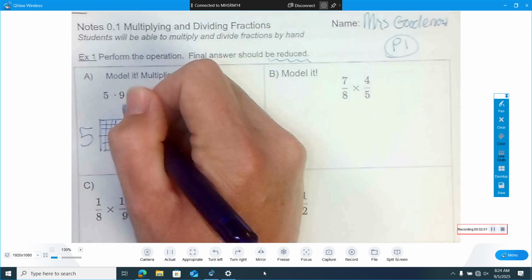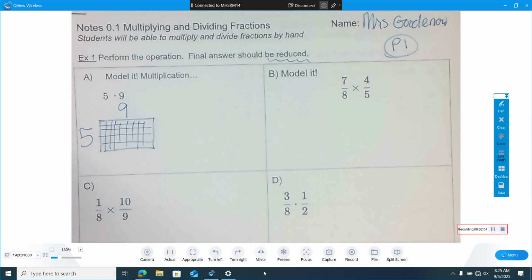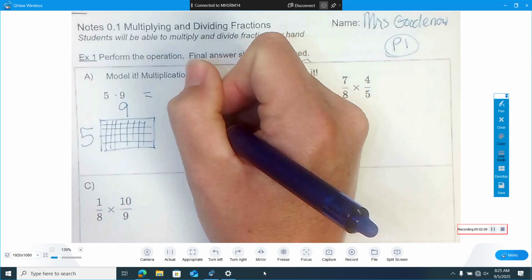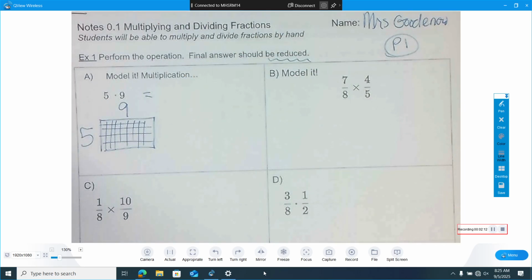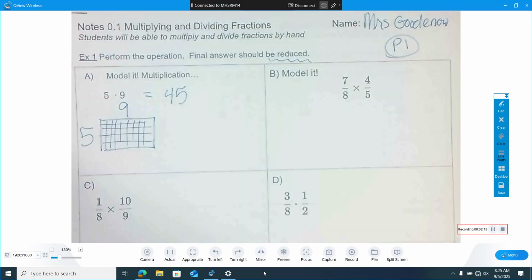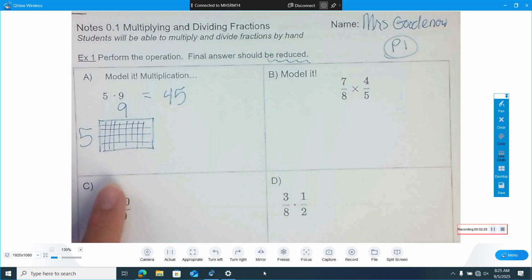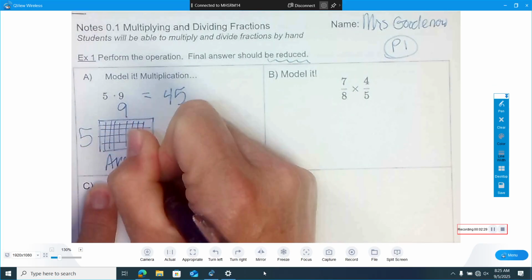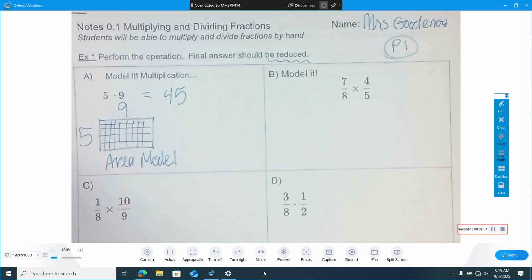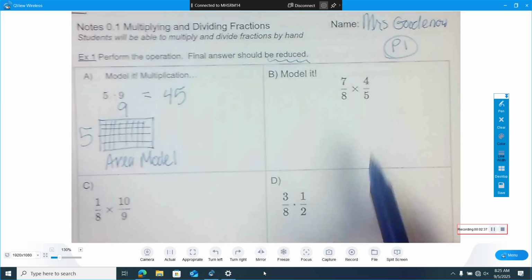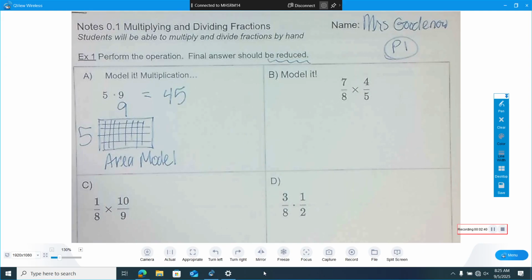So if we have 9 unit cubes in each row, how many unit cubes would we have in all? 5 times 9 is 45. Multiplication can always be modeled using the box method, is what I call it, or an area model. That's what this is. Multiplication is area. And so we can actually do the same thing when we are multiplying fractions.